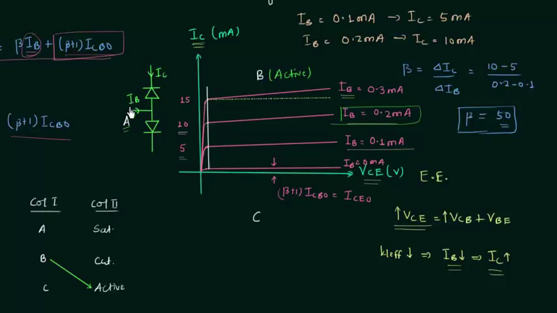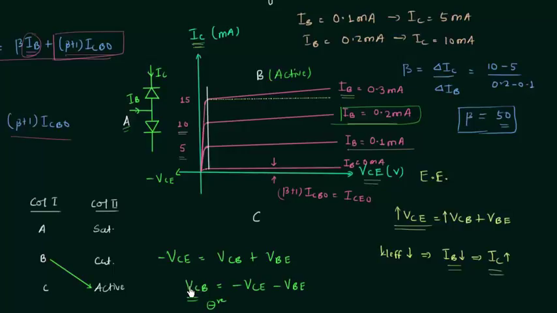For this I will try to find out direction of collector current IC and direction of base current IB. You can see VCE is reversed. VCE is now minus VCE, and we already know VCE is equal to VCB plus VBE. VCE is negative, so we can say that VCB is equal to minus VCE minus VBE. So VCB is negative.